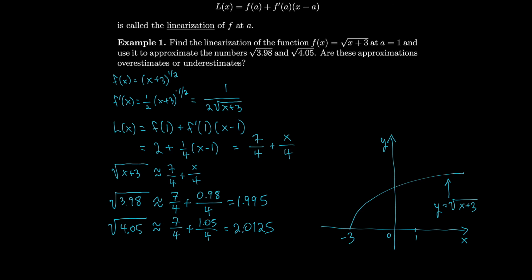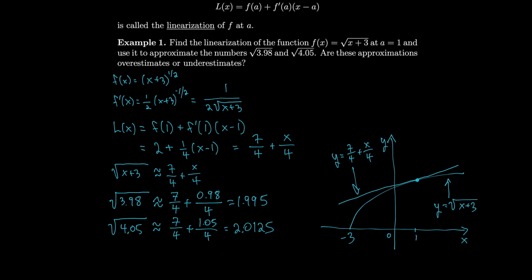I'm looking at the point when a equals 1. So I'm looking for the tangent line approximation at 1. So we draw a nice tangent line, something like that. So that's what y equals 7 over 4 plus x over 4 is.